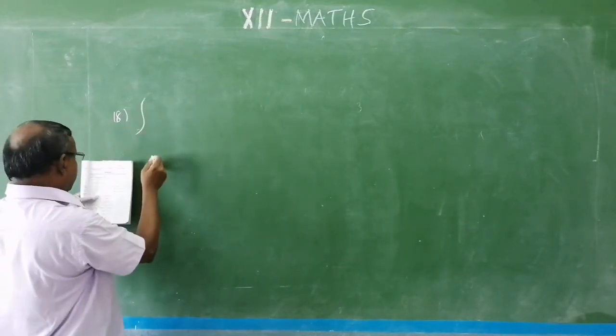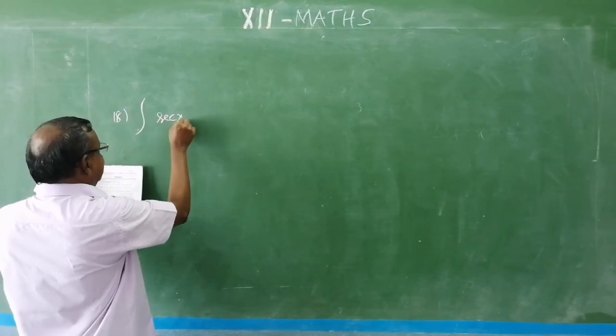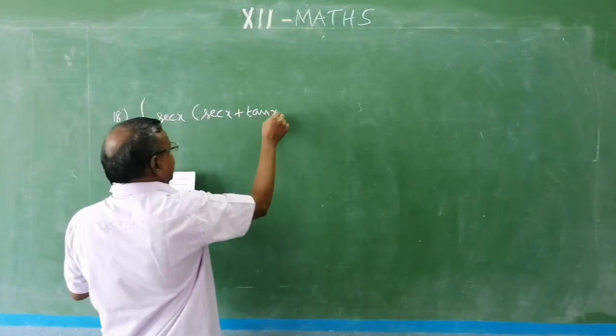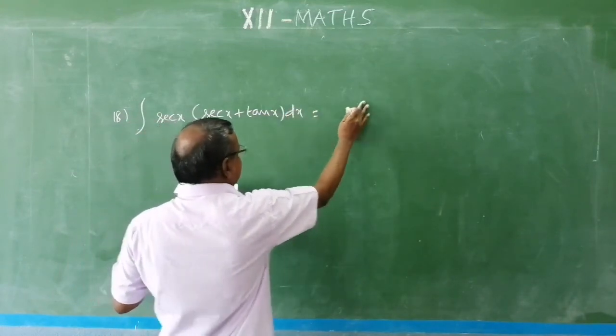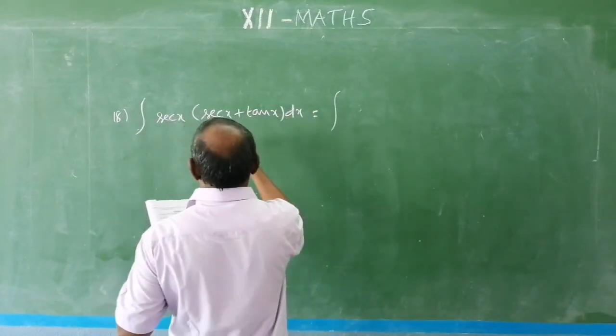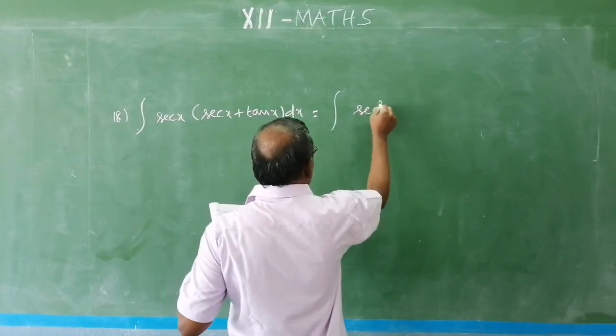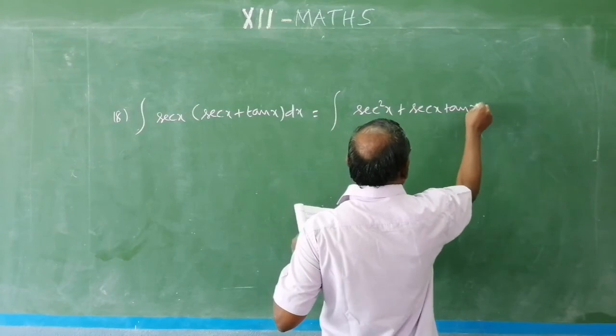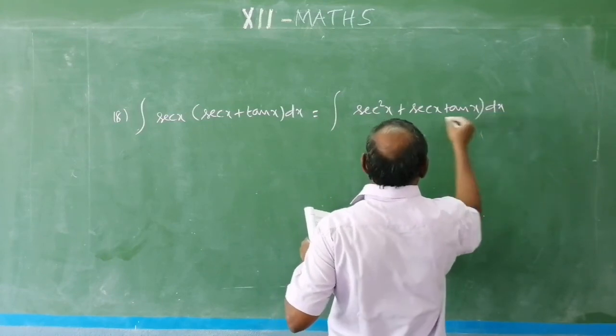Now the 18th sum is integral secant x into secant x plus tan x into dx, which can be written as, multiplying secant x here, integral secant square x plus secant x tan x into dx.